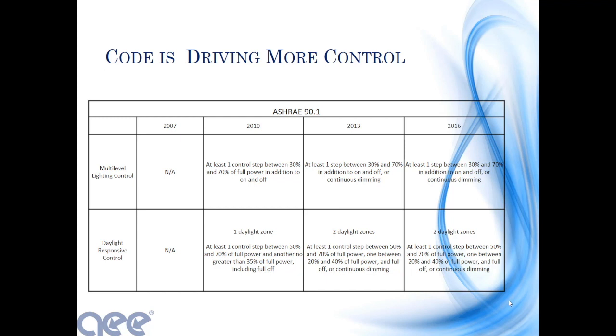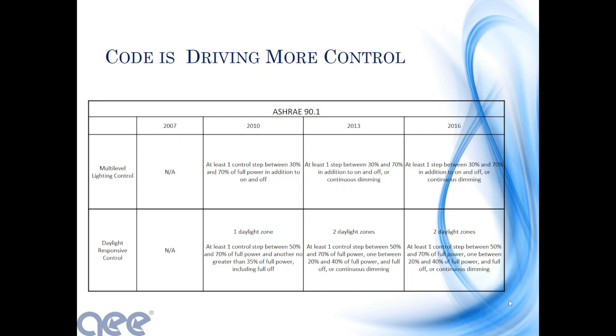Okay? It's been a while since I've done my engineering, but I think that's about 68% savings, right? So it's a dual strategy. You reduce your connected load with the LED, and then you reduce that even further with the dimming control. Okay, so there's an energy reason to do it, right?